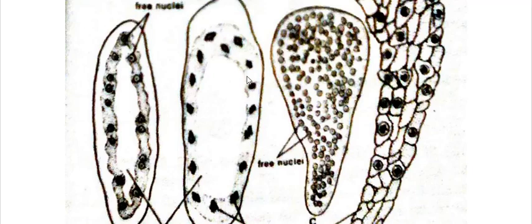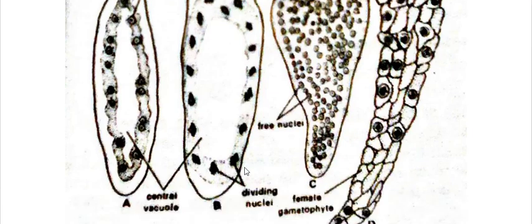This is the stage in which the nuclear division has been shown, and in the center the vacuole is still present, but it starts to disappear due to the growth of the cytoplasm.